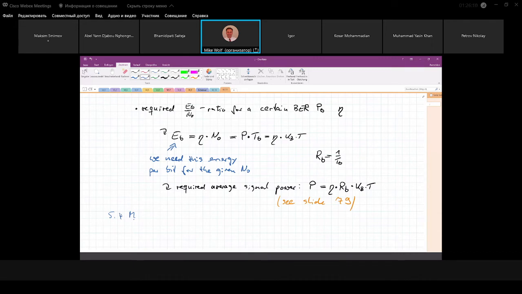You have to know the pulse to be received, this shape, and match the filter impulse response to this pulse. Some more details, just some more things.